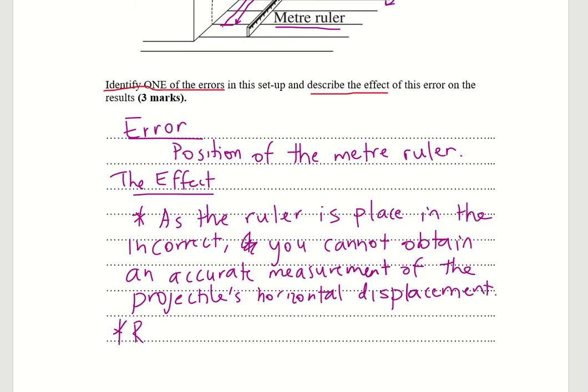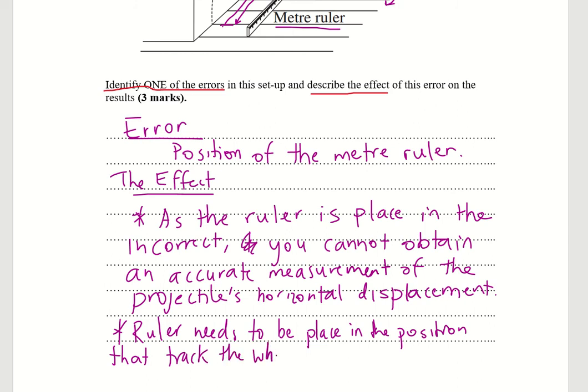So the ruler needs to be placed in the position that tracks the whole journey or horizontal displacement of the projectile.